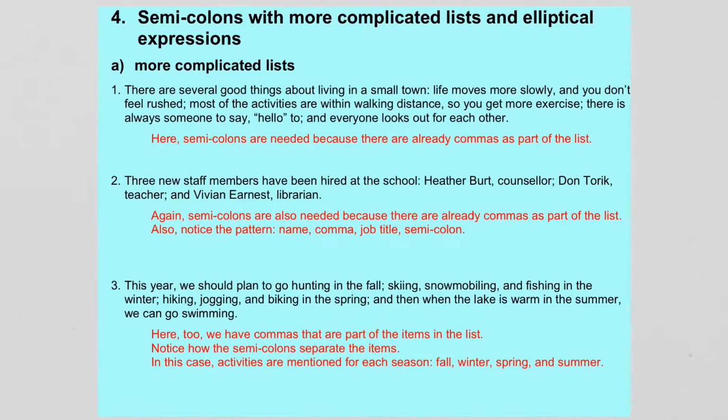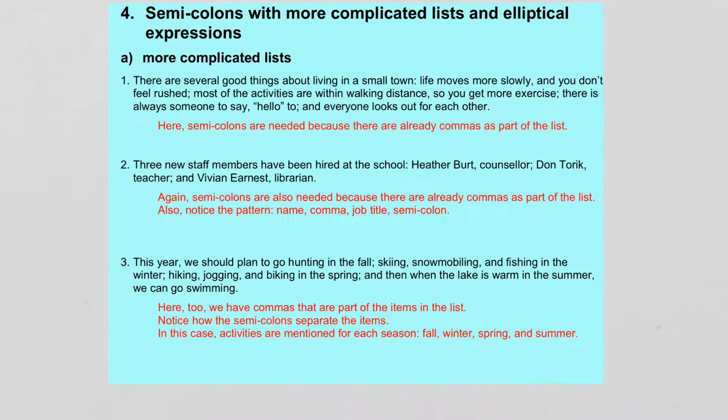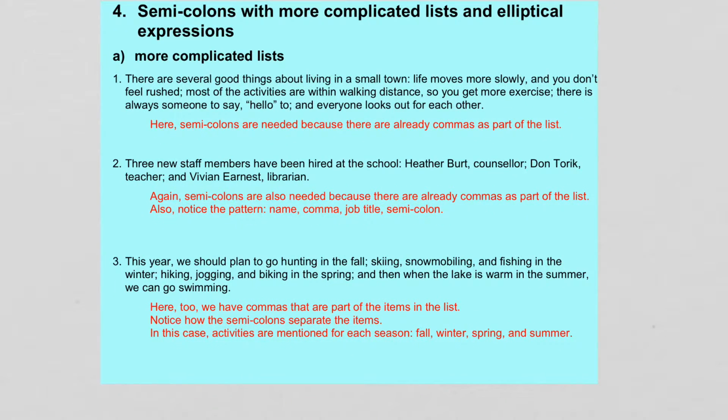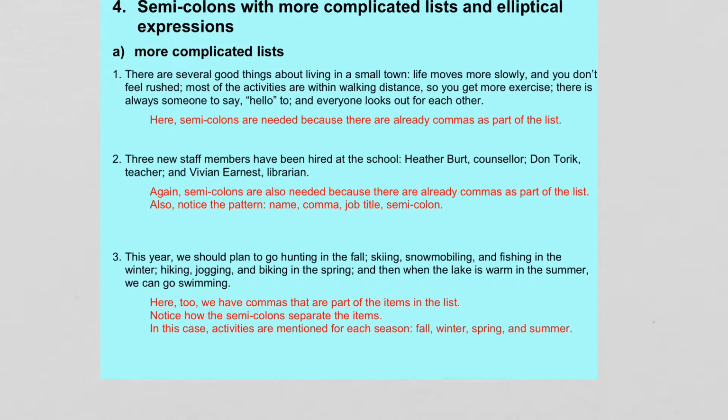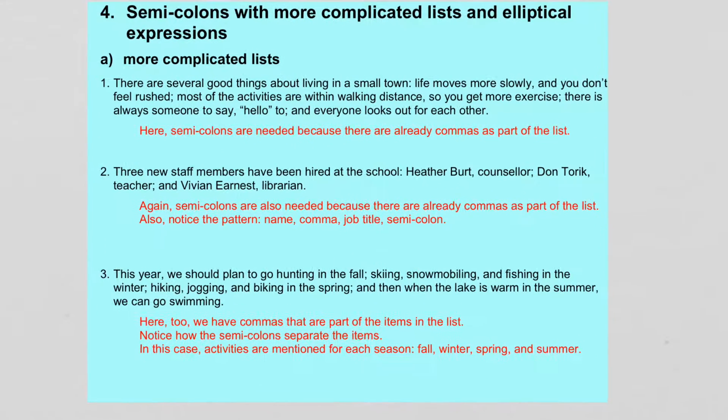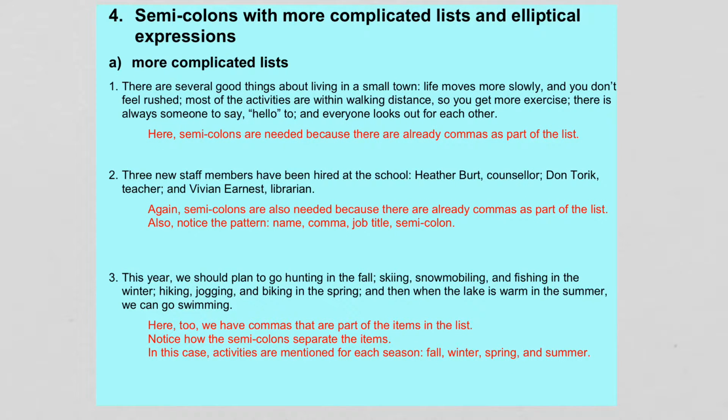All right. So when we have a more complicated list, we have a scenario where we might already have commas that are part of the list. Let me just read this out, then I'll explain a little bit more. Number 1, there are several good things about living in a small town.